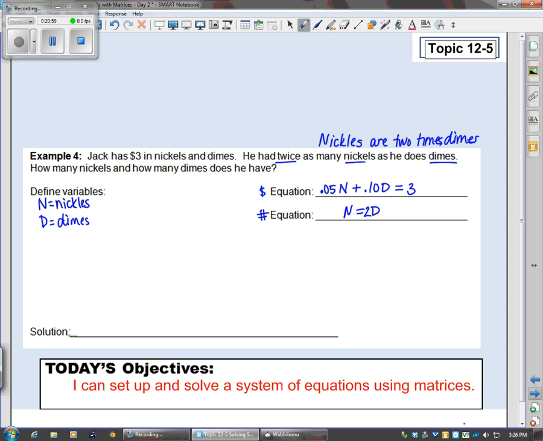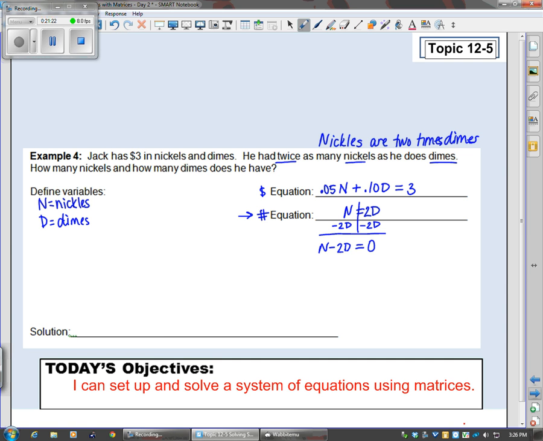But then when we look at the second equation, again, the N and the D aren't on the same side, so you have to be real careful. You can't just go putting in a 1 and a 2. If I want the N and the D on the same side, okay, bring over that 2D and look what you're left with. You're left with a 0.